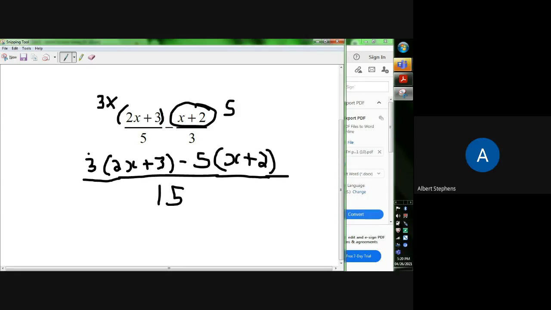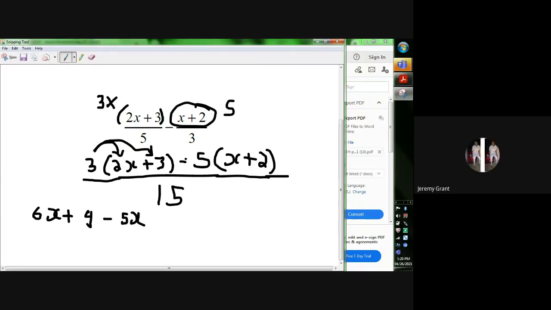And then we're going to use the distributive law, or the distributive property, and multiply 3 times everything on the outside. So that's going to be 3 times 2x, which is what? 6x. 3 3s is 9. And 5 times x is 5x.